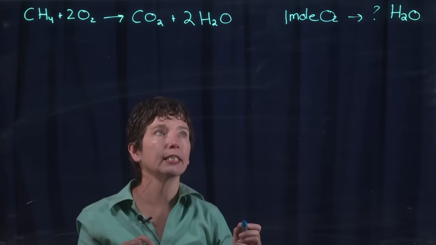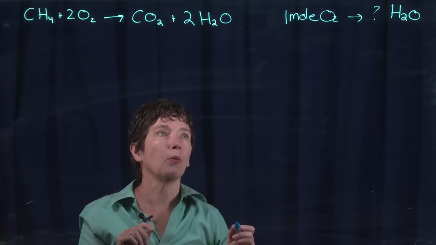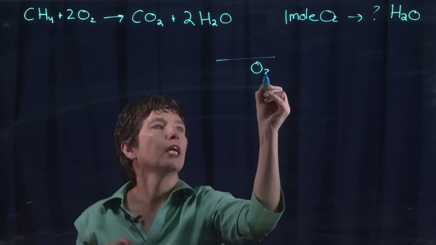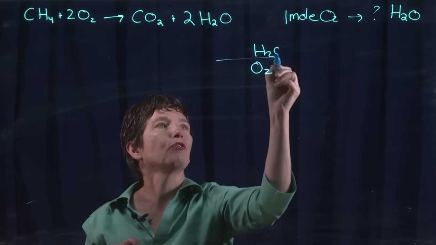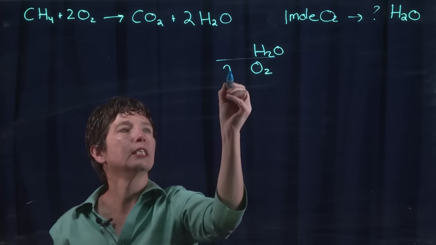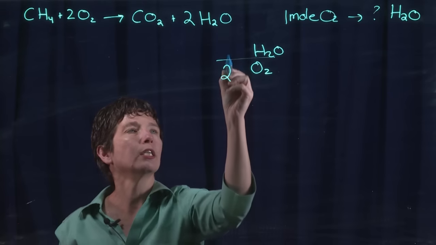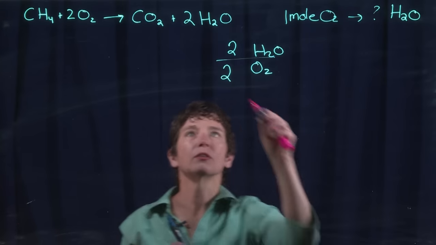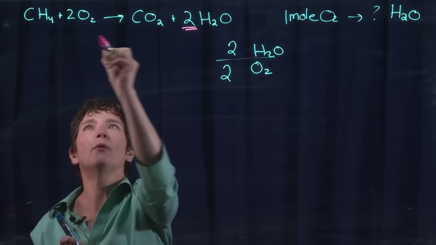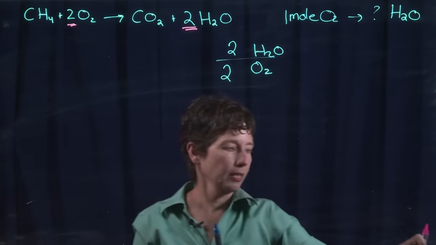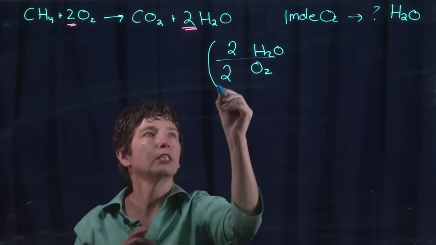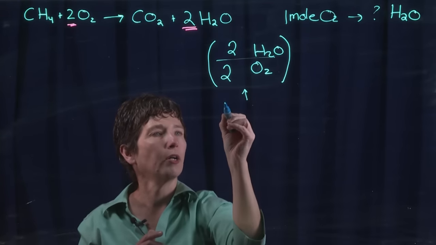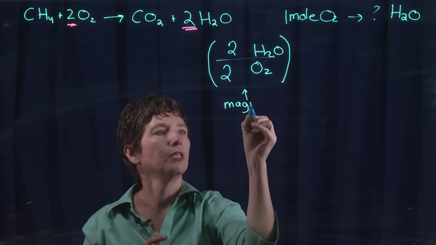So let's again set this up. What is the magic 1 that relates oxygen and water? From the balanced equation, we can see that there are 2 moles of oxygen to 2 moles of water. That's directly from our balanced equation. So for the relationship between oxygen and water, this is our magic 1.